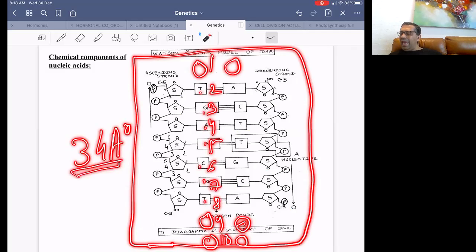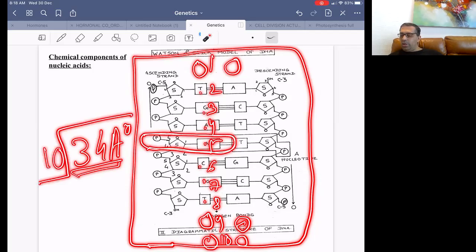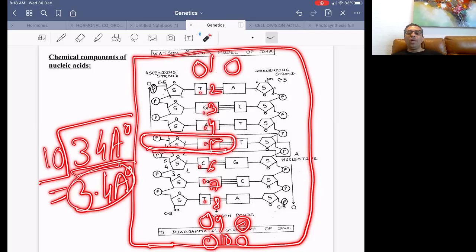So how much will one nucleotide be? 34 divided by 10 means a total of 3.4 angstrom units is the dimension of one nucleotide. One nucleotide is 3.4 angstrom units.